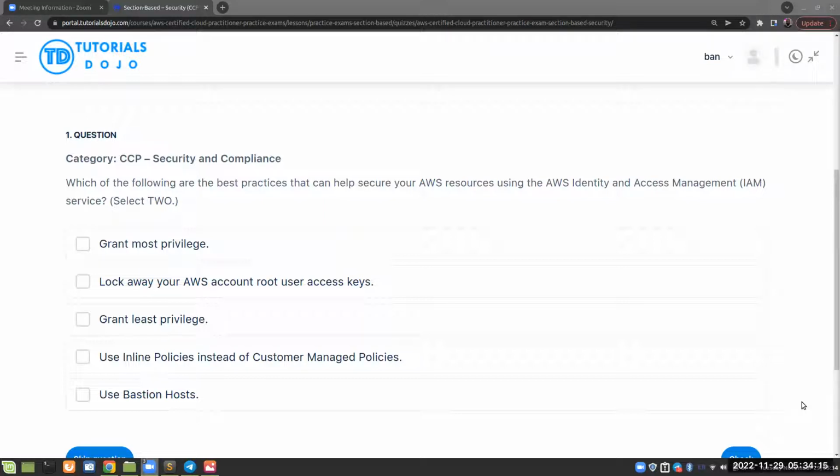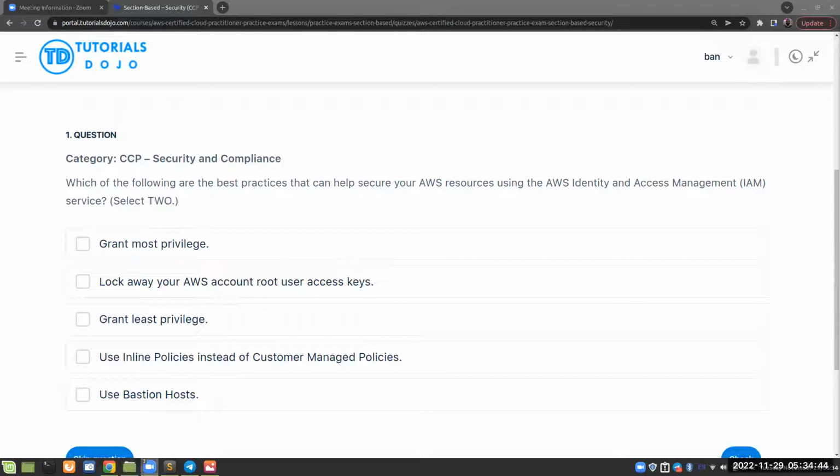Identity, IAM, service. So best practices that can help secure your resources using IAM. This should help you think about the IAM model we have. We did discuss some best practices. That makes me think of looking at that.